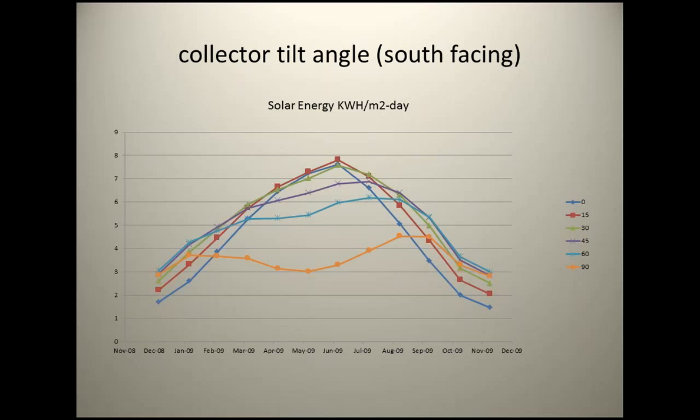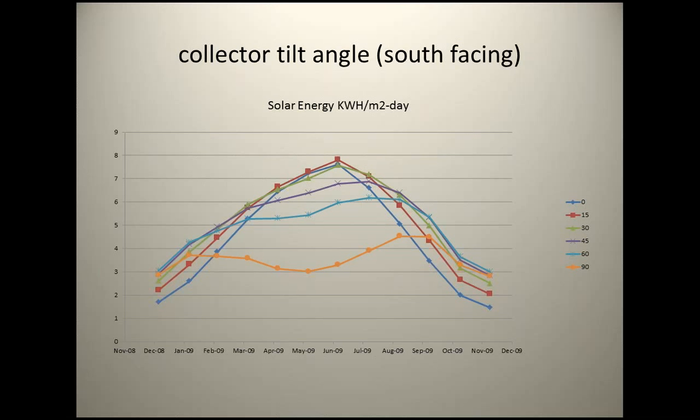But what I really want to point out here is that most of the energy production occurs in the summer months anyway. So if you're looking at the total energy production, it's from February through November. That's really the heart of your ability to produce a lot of energy.